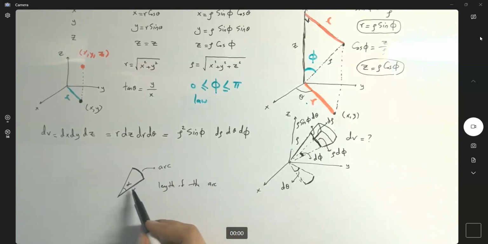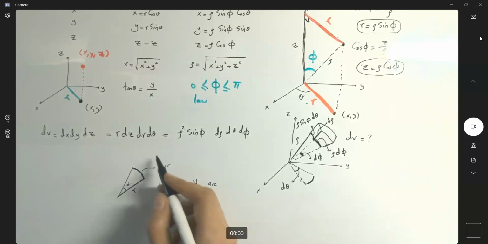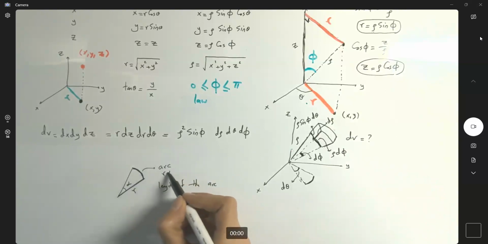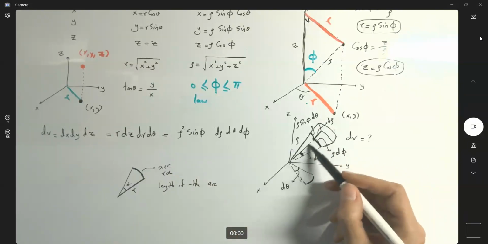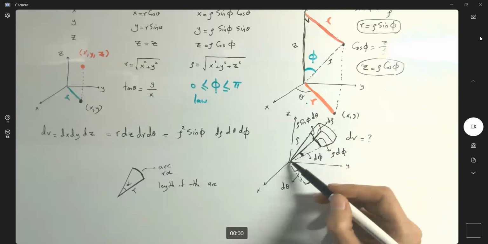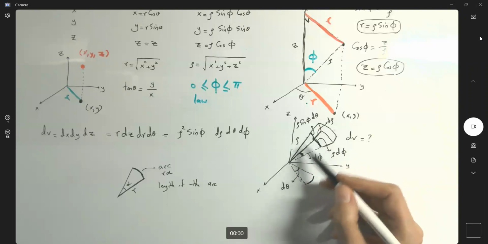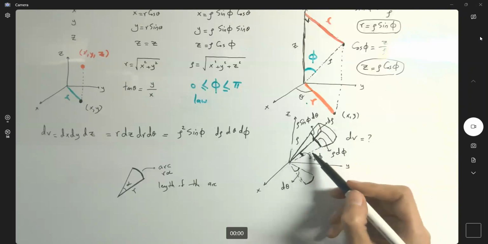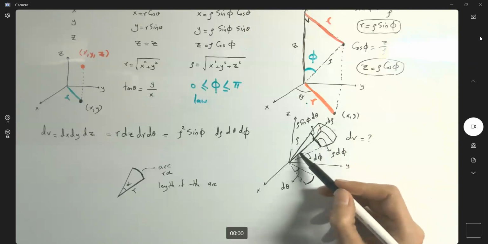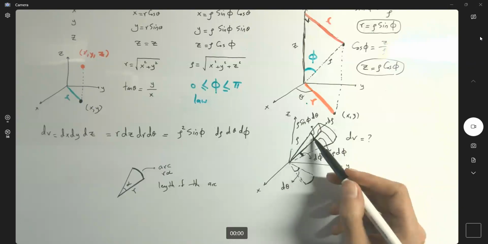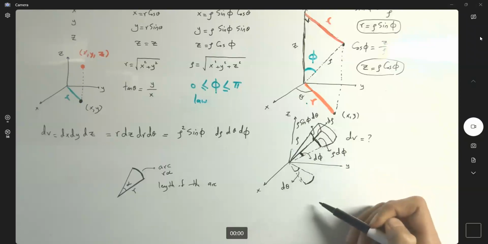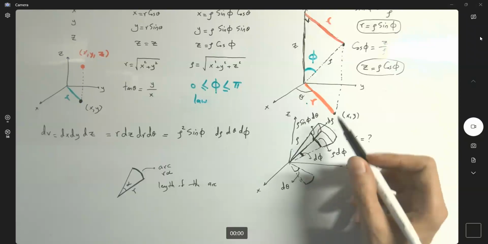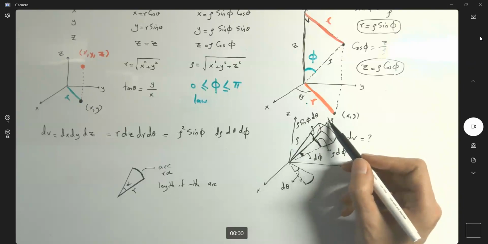The length of the arc is equal to r alpha. Here I know that this piece is equal to rho. All of these are the distance between the origin and the point: rho, rho, rho. This piece is going to be d phi, the very small change in phi. d phi times rho is equal to rho d phi. So we found this piece. We already know that this piece is d rho.